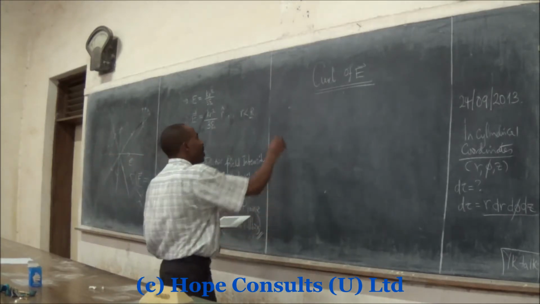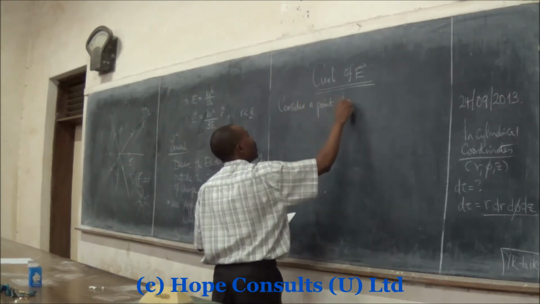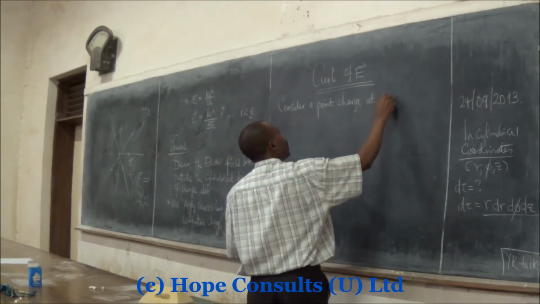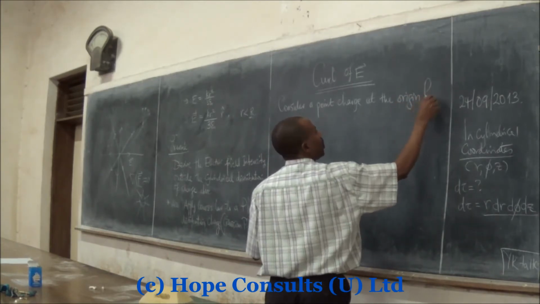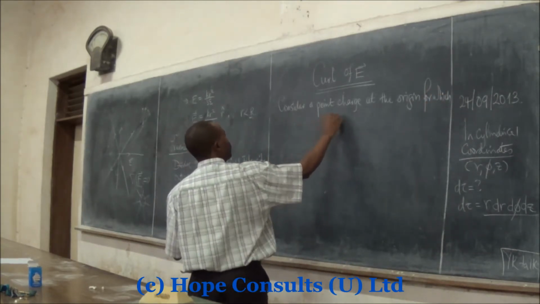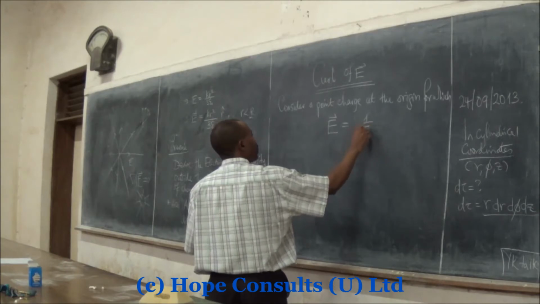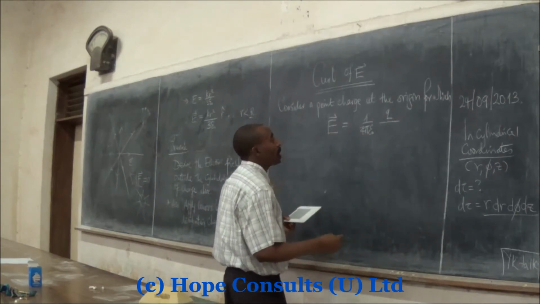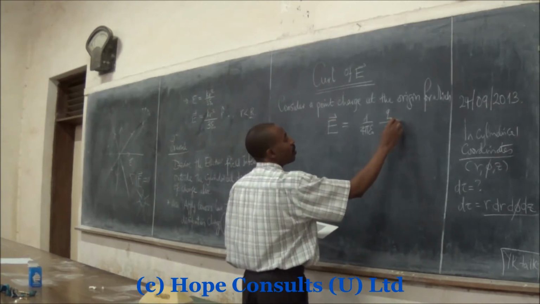So we shall consider a point charge at the origin for which the electric field intensity was given by 1 over 4 pi epsilon naught, the total charge enclosed, inversely proportional to the square of the distance from the origin.